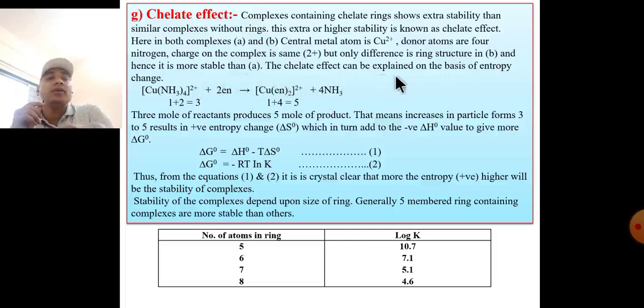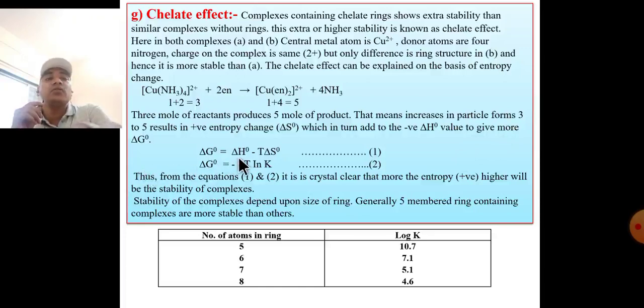The chelate effect can be explained on the basis of entropy change. Here 1 plus 2 gives 1 plus 4, so 3 moles of reactant produce 5 moles of product. That means an increase in the number of particles from 3 to 5 results in positive entropy change, which when added to the negative enthalpy value gives a more negative delta G value.